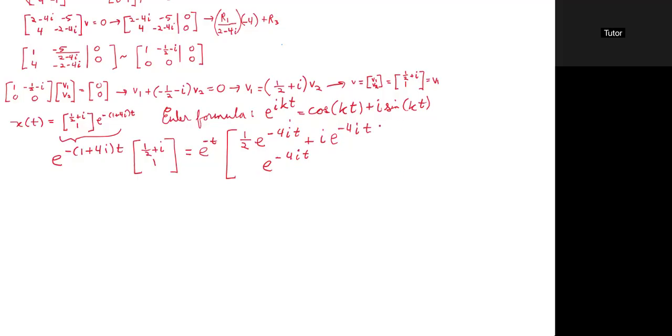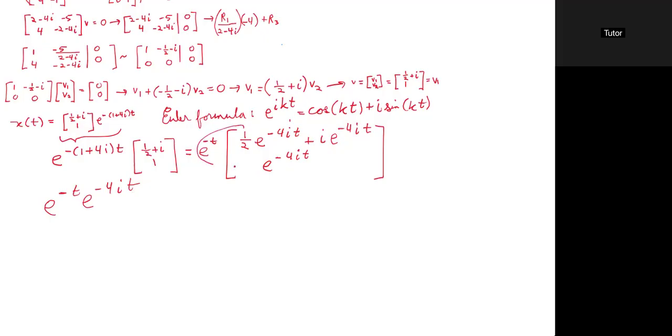And why is this? Well, it is because of how exponents work. When we say e to the power of negative 1 plus 4I times t, we're actually saying e to the negative t times e to the negative 4it, because we add the exponents; that is the exponent rule.